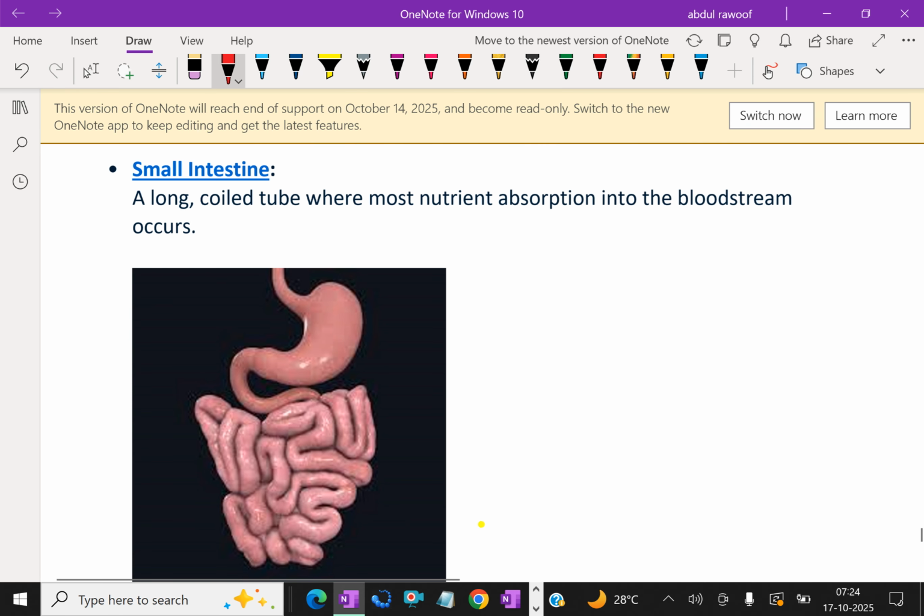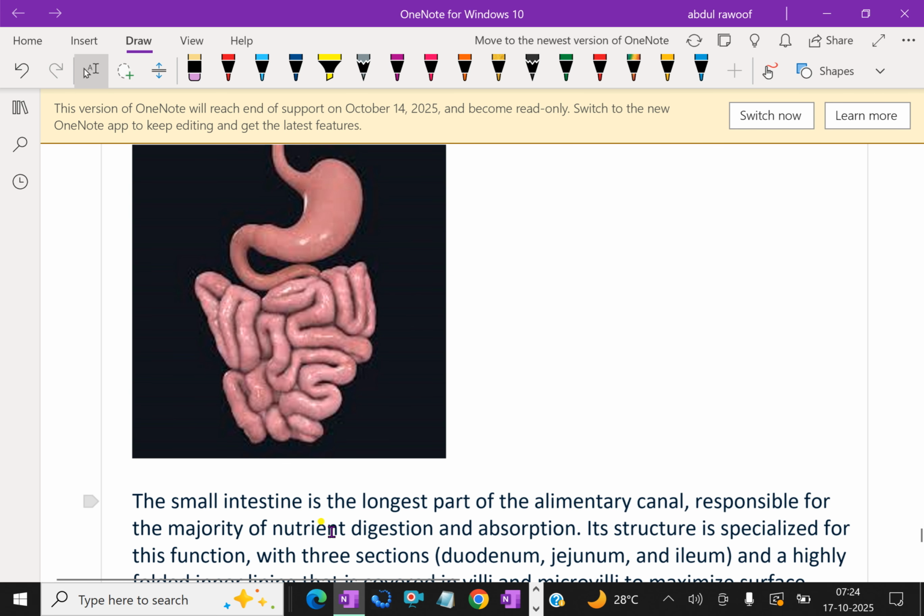Small intestine, a long coiled tube where most nutrient absorption into the bloodstream occurs. The small intestine is the longest part of the alimentary canal, responsible for the majority of nutrient digestion and absorption.